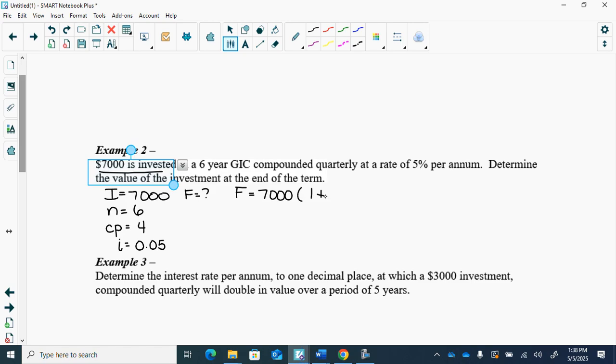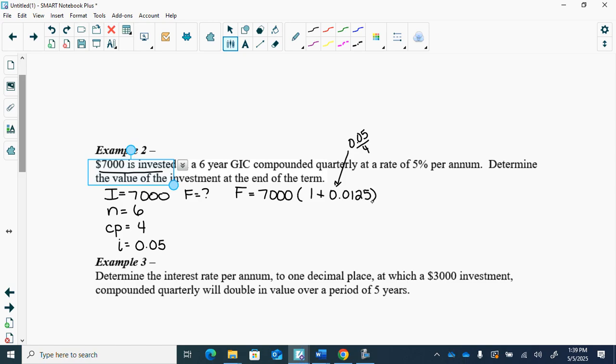Now remember, the interest rate has to be per compounding period, correct? So we're going to go 0.05 divided by 4. Yeah, 0.0125.